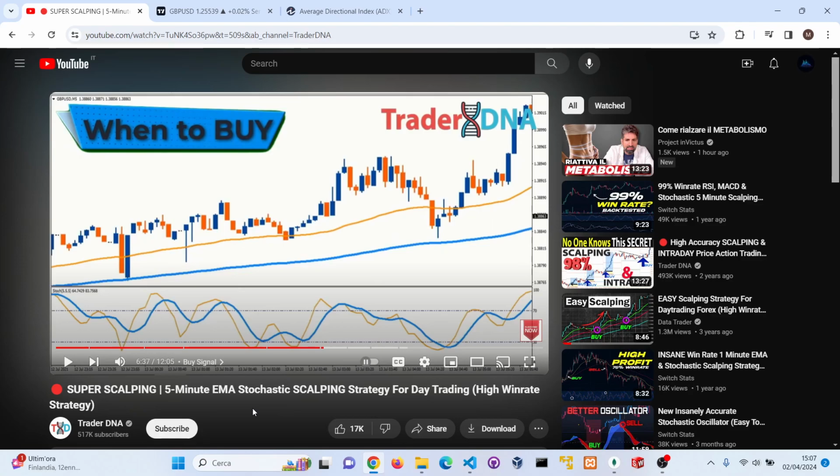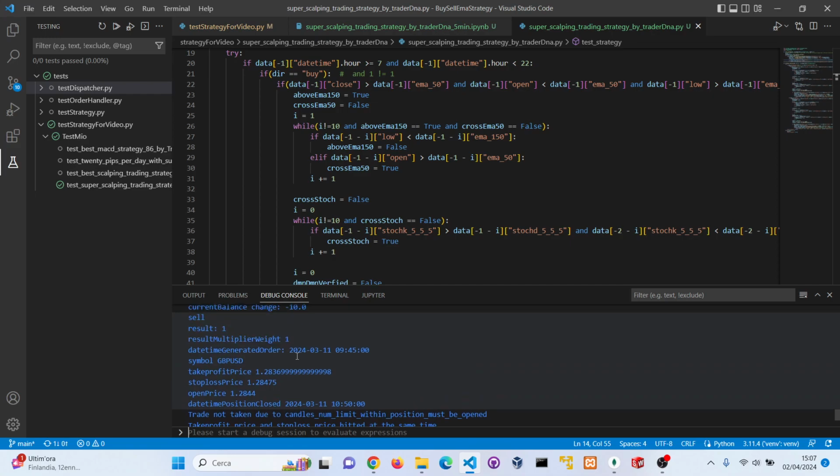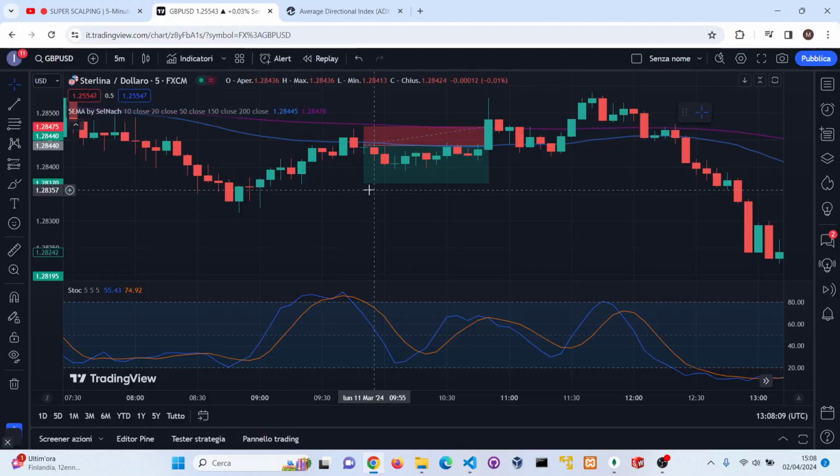But let's take a look at some examples and let's see the basic conditions. For example, my software told me that a signal was generated at this time. It was a short position, and it was a fail on the GBP USD. The signal was generated here because we have a cross in the stoch, first of all.